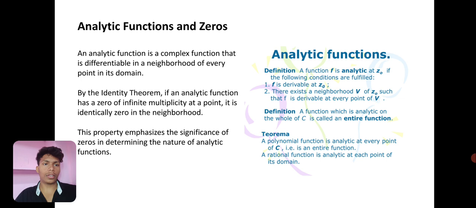Analytic function definition: a function f is analytic at z0 if the following conditions are fulfilled. First, f is differentiable at z0. Second, there exists a neighborhood V of z0 such that f is differentiable at every point of V. Definition: a function which is analytic on the whole of C is called an entire function.